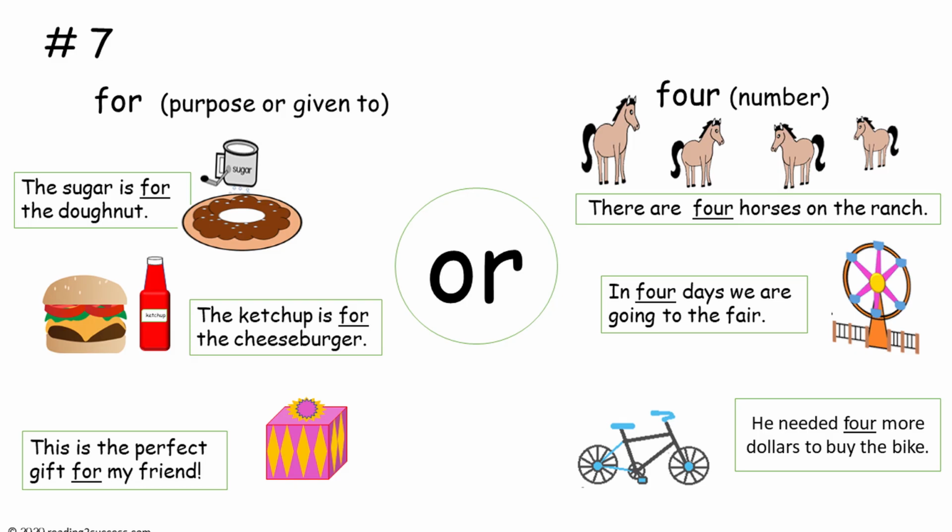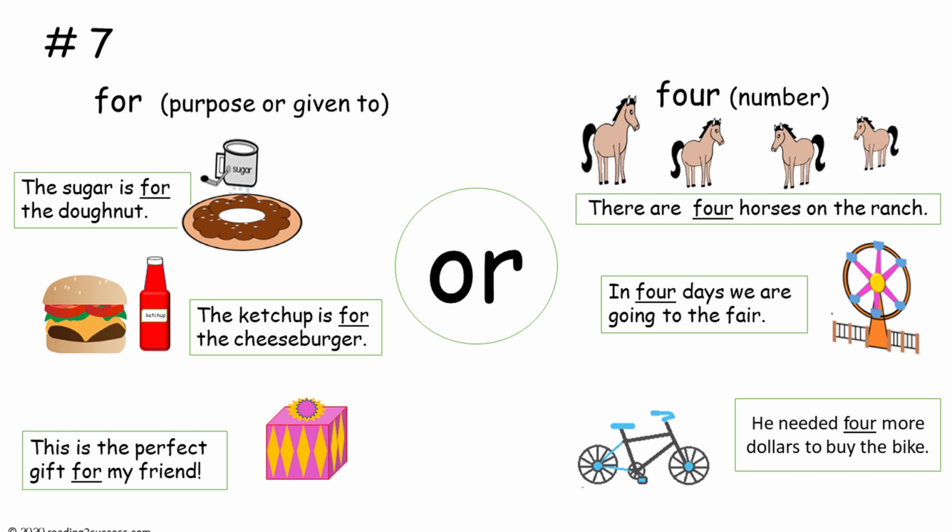Now let's go to number 7. The words are for and four. The first for shows purpose or given to. Something is given to. So let's look at the first sentence. The sugar is for the donut. Its purpose is to be sprinkled on the donut.